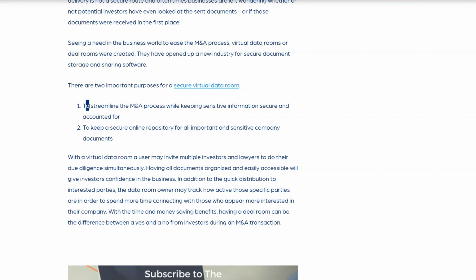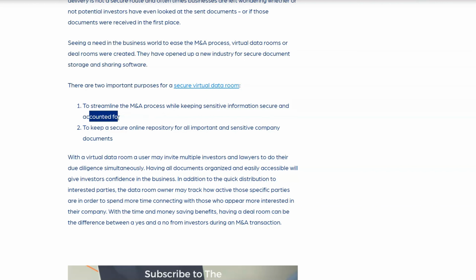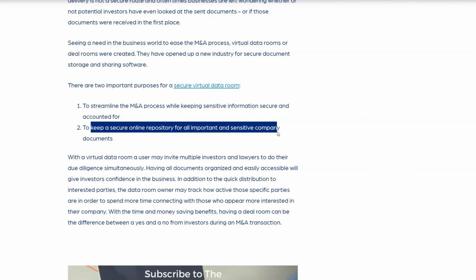Number one, to streamline the M&A process while keeping sensitive information secure and accounted for. Number two, to keep a secure online repository for all important and sensitive company documents.